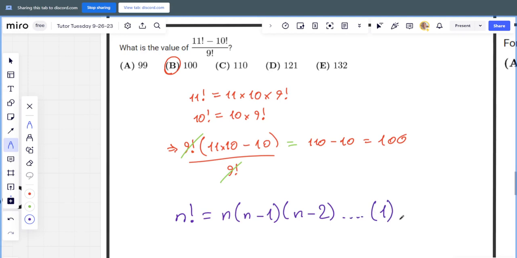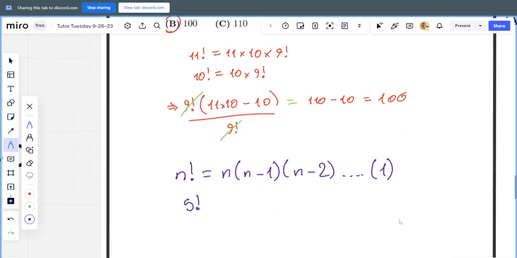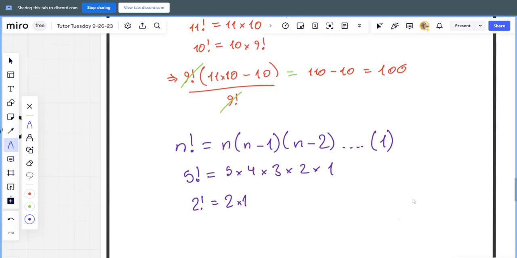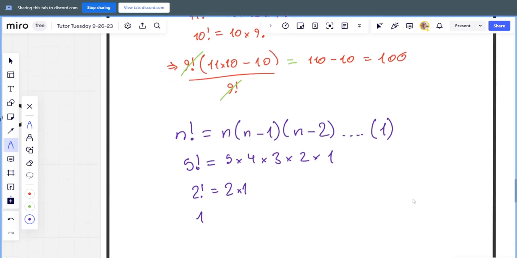Some examples: 5 factorial is just 5 multiplied by 4 times 3 times 2 times 1. 2 factorial is just 2 times 1. 1 factorial is 1. And 0 factorial is also 1.